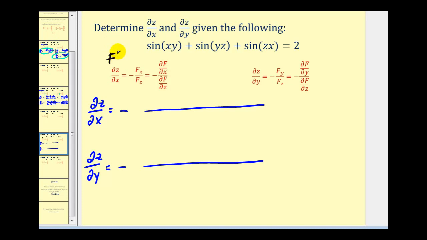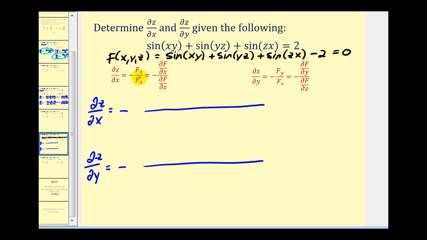We'd have f of x, y, z equal to sine xy plus sine yz plus sine zx minus 2 equals 0. Now if we forgot to do this, it probably wouldn't affect your answer because the derivative of 2 is going to be 0 anyway, but we should rewrite it in the correct form.